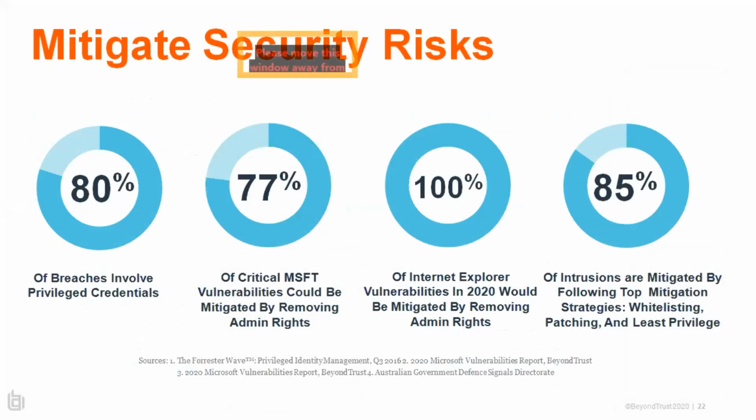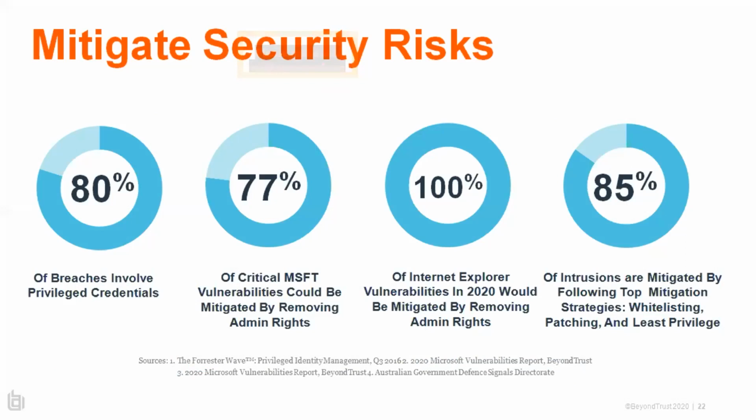And these are some of the statistics that I'd just like to talk about at this point. Around 80% of breaches involve privileged credentials. Around 77% of critical Microsoft vulnerabilities could be mitigated by just removing admin rights. So think of it this way, right? Every month you have your Patch Tuesdays, and as IT professionals, we brace ourselves and go through the exercise of patching and updating.